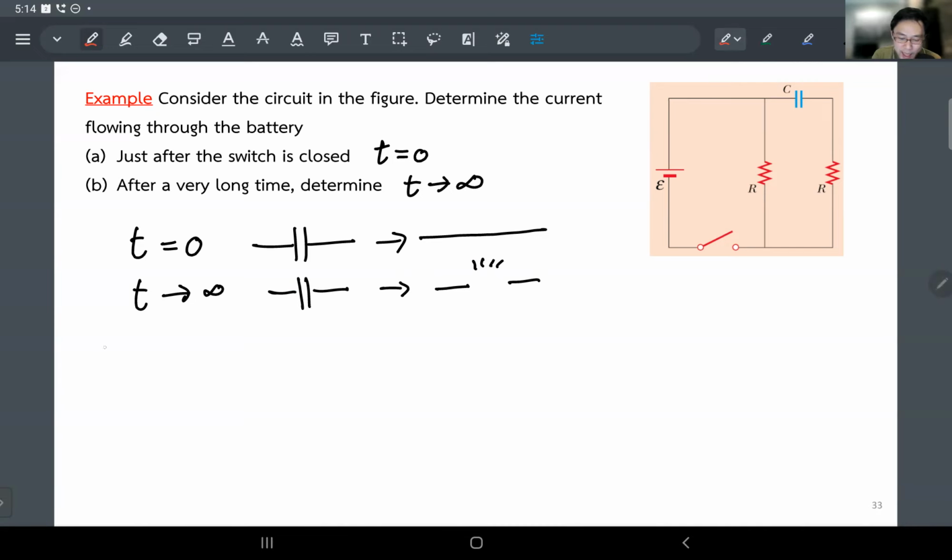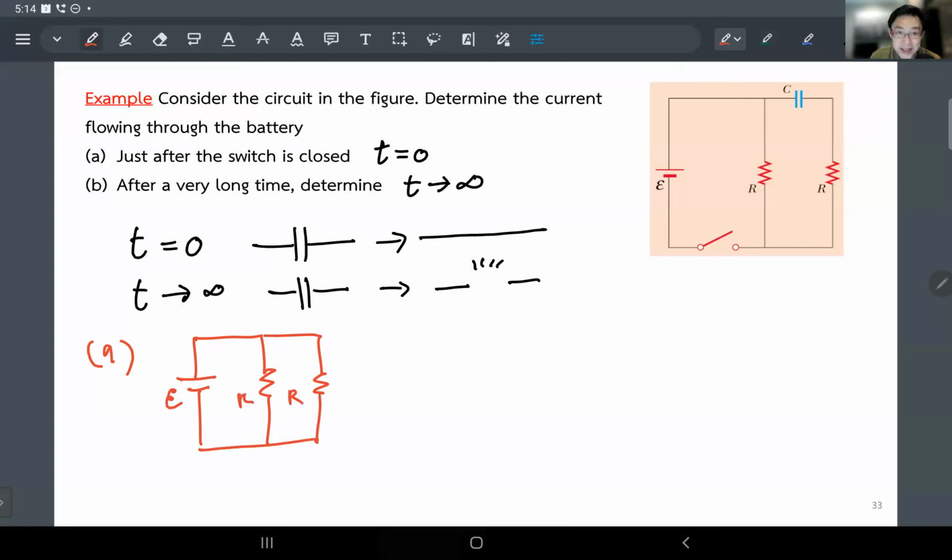So for part A, you just treat your capacitor like an electrical wire, so your circuit will look like this. Voila. With me? Yes. And for part B, your circuit will look like this.